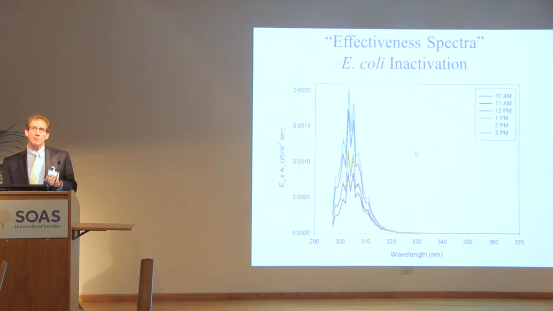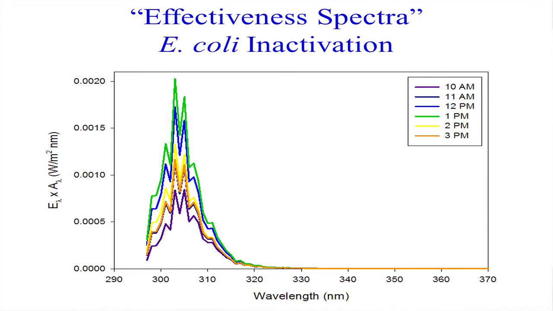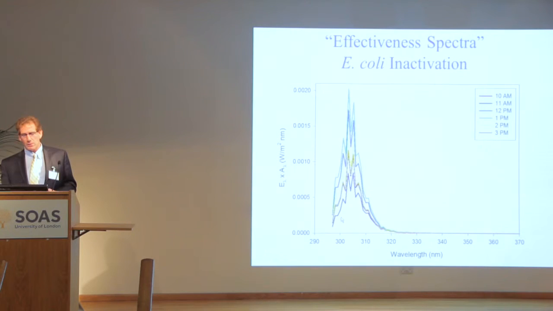An effectiveness spectrum basically tells you which part of the spectrum is doing all the work. The larger the value, the greater the representation by that portion of the spectrum. What this tells us is that the vast majority of microbial, E. coli inactivation in this case, is being accomplished by radiation between 300 and 310 nanometers. Again, that's important for us to understand how to control this system. What we need to do is to measure radiation from that portion of the spectrum because that's where most of the work is being done.